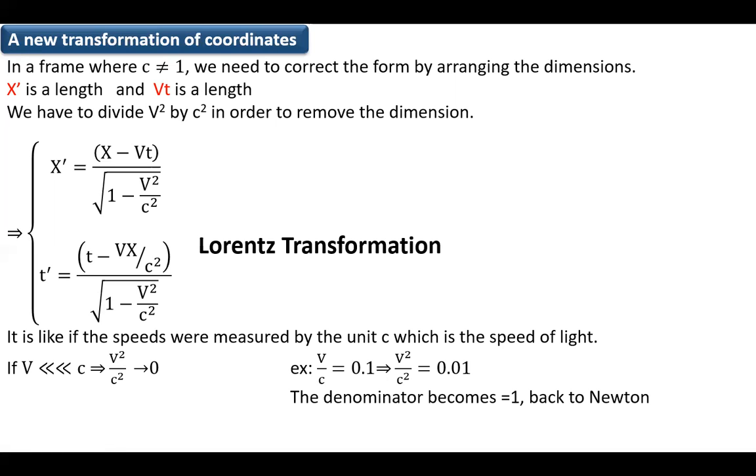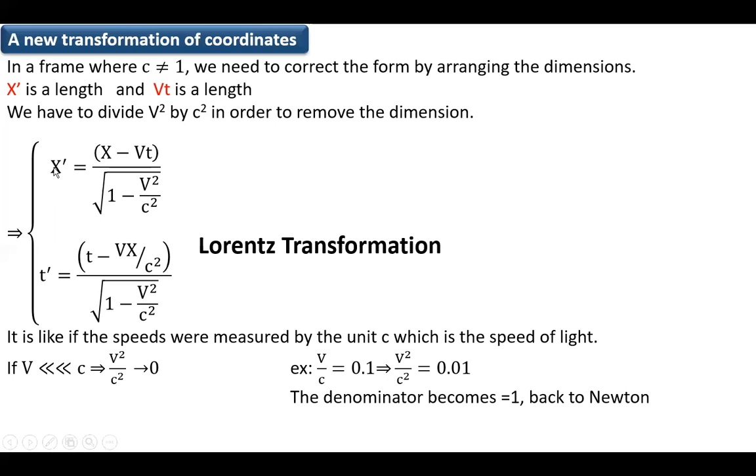So if you divide v squared by c squared, you remove the dimension. You are dividing a velocity squared by a velocity squared, so the units are simplified. You will get a quantity with no dimension. So in the radical of 1 minus v squared over c squared, this denominator has no dimension.